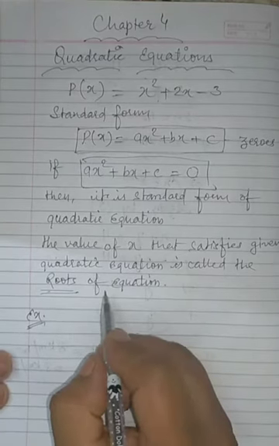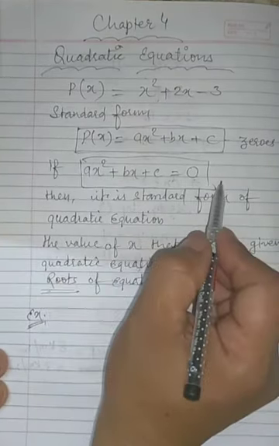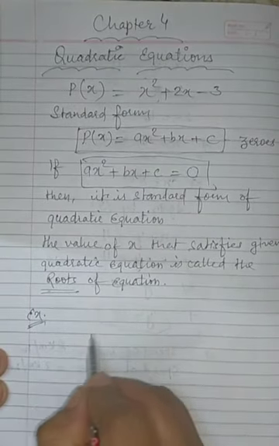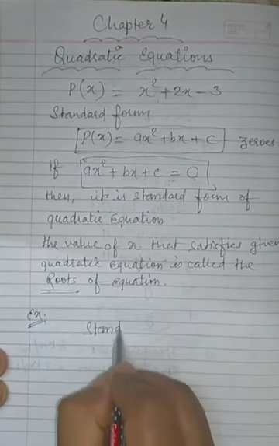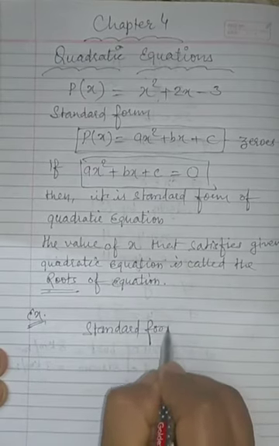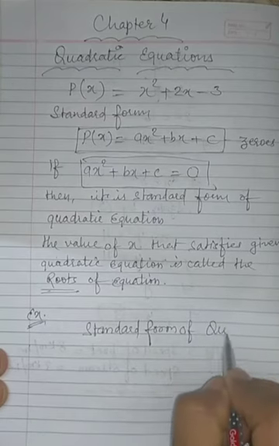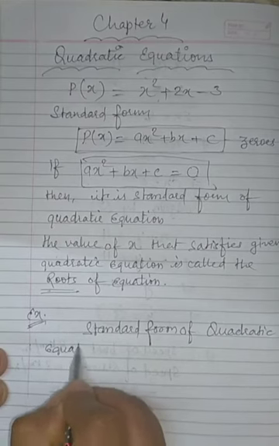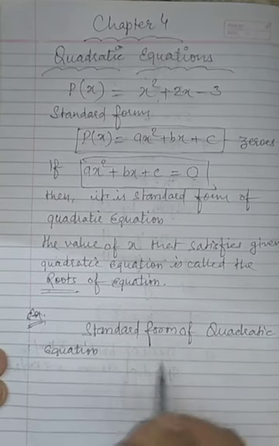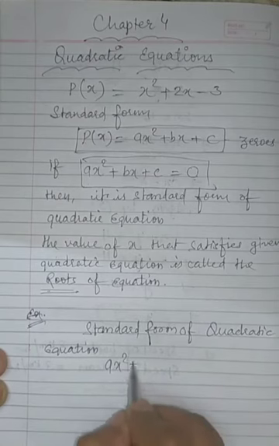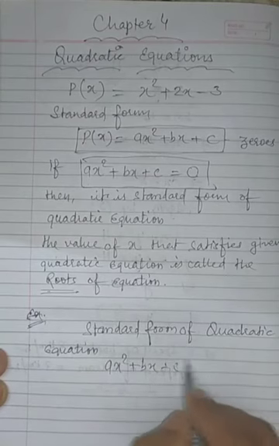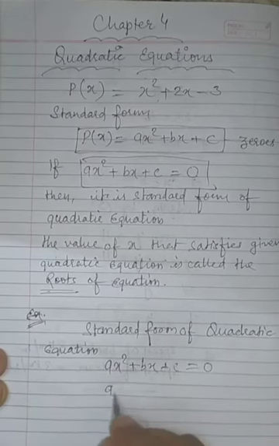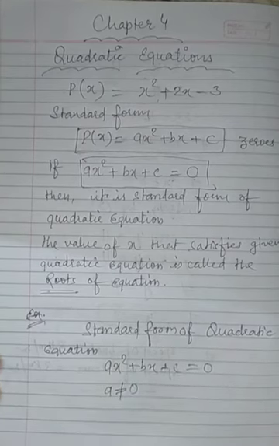Now children, just make sure that in the standard form of a quadratic equation, which says ax square plus bx plus c is equal to 0, a cannot be equal to 0.